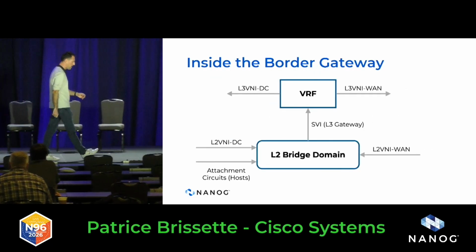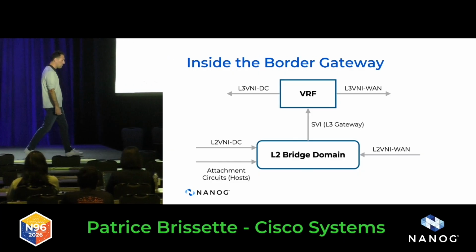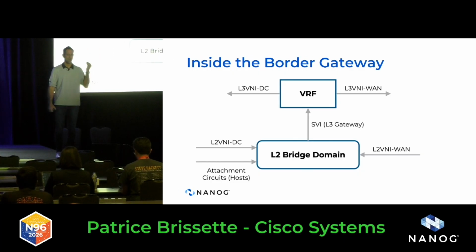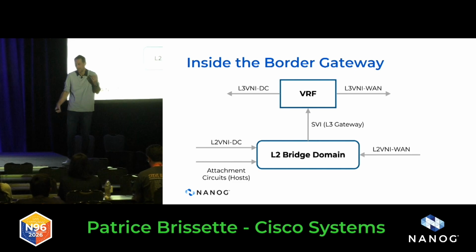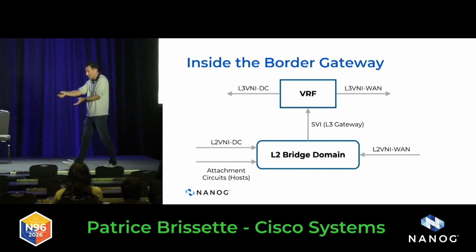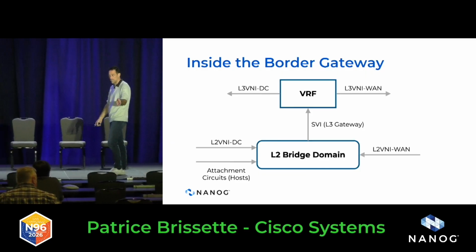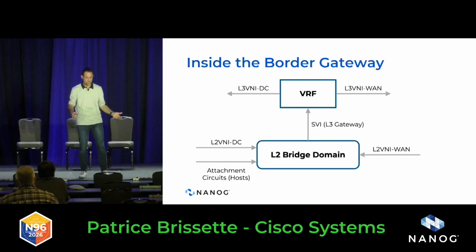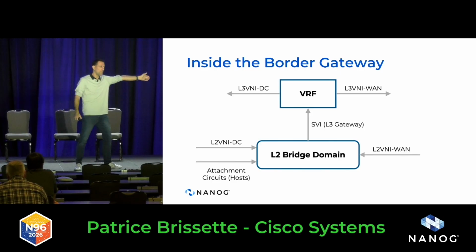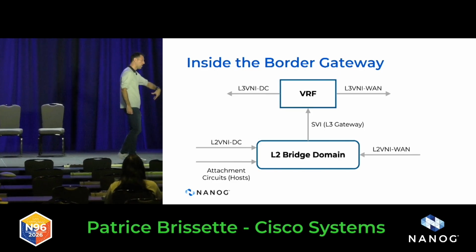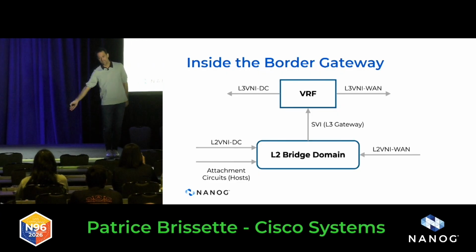So, now if you look at the border gateway itself, what did we do special? Nothing. It's the usual construct that we do in everyday life of EVPN and VXLAN and all of that, right? You have a bridge domain. We are connecting an L2 VNI for your L2 service on the DC side to the WAN side.